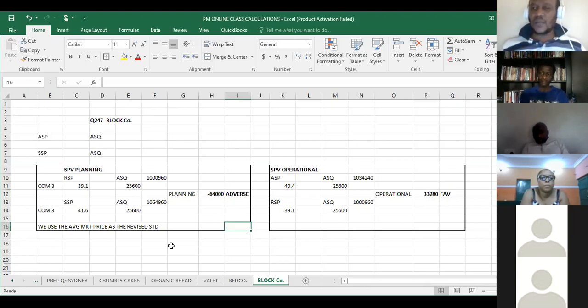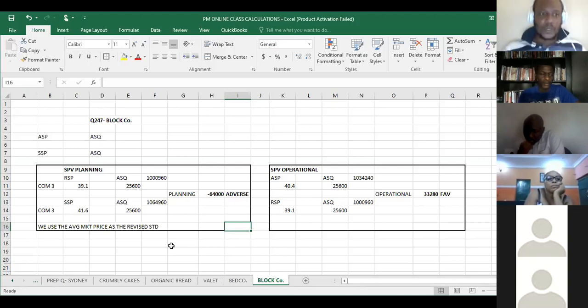I generally say that once you see anything in the question that is not the standard or the actual, that will generally be the revised standard. But in this case, the logic for using the average market as the revised standard is very logical, because if you take an average of the market, that should have been what your standard would be. If you're doing better than the market, you'll be above the average market. If you're doing less than the market, you'll be below the average market. You get what I'm saying? Yes, thank you. All right.